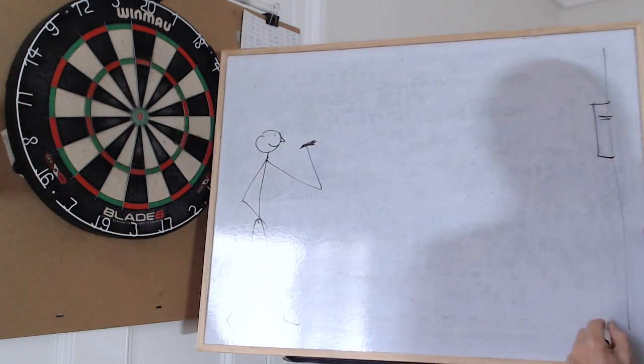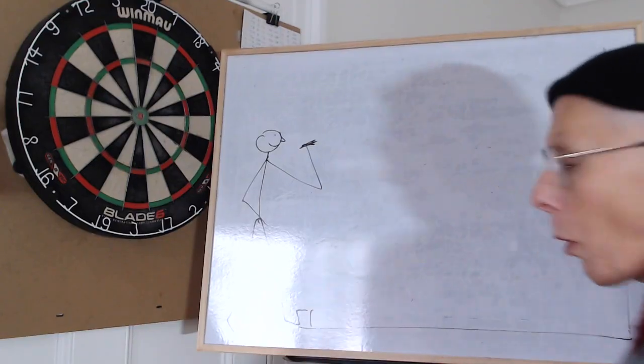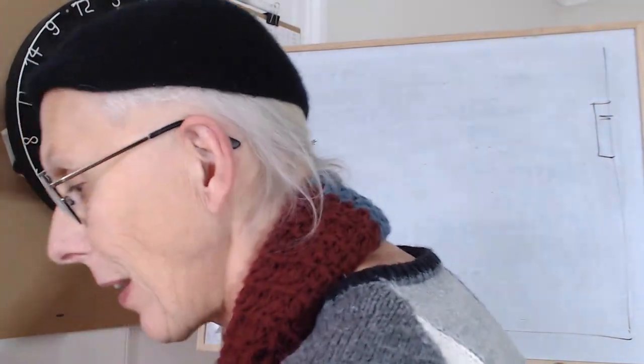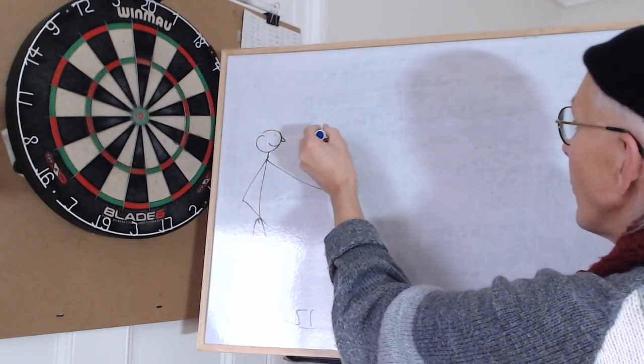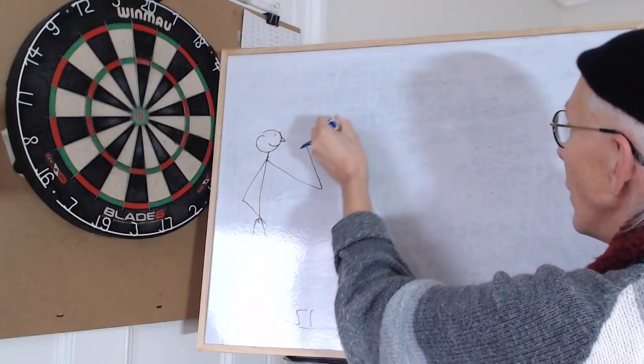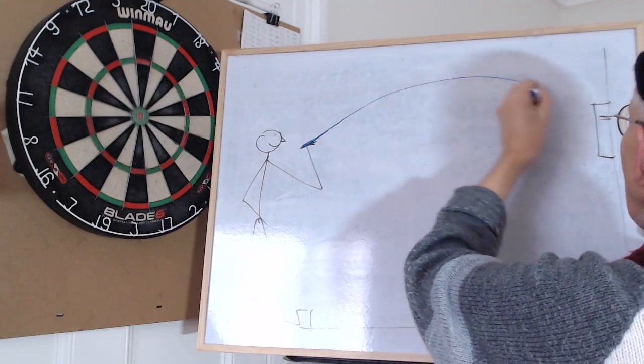Okay. And we had all of these different parameters that we talked about, you know, the elbow height and all that stuff. And we can write that in a minute, but let's just get the physics sorted out here. So Charlie here is going to throw this dart, and we know the trajectory will look something like this, okay?